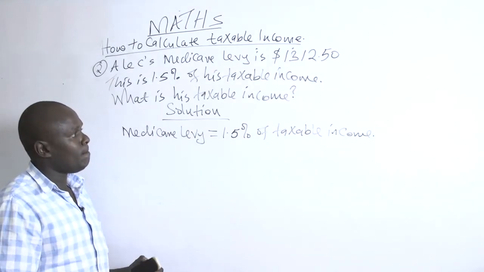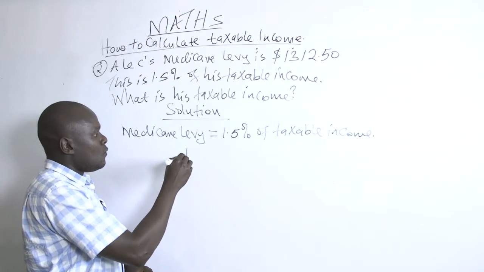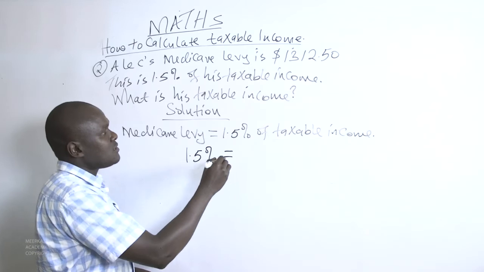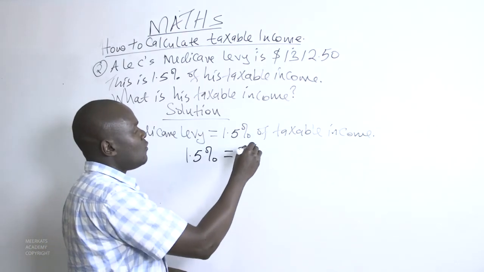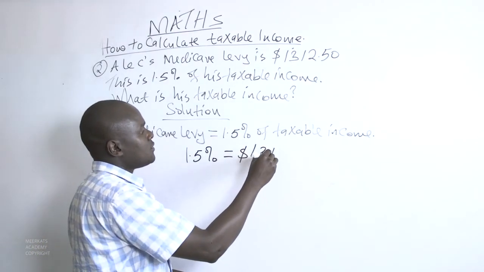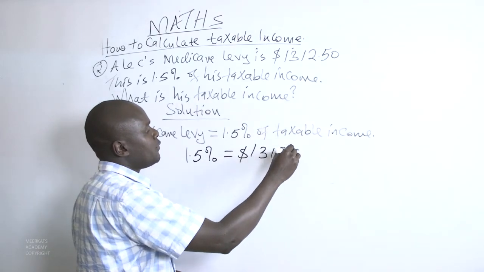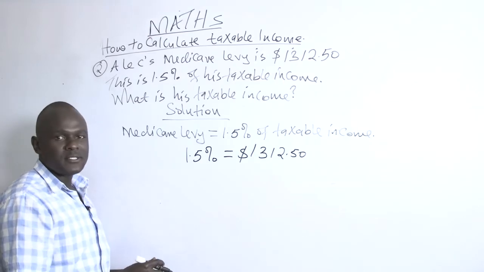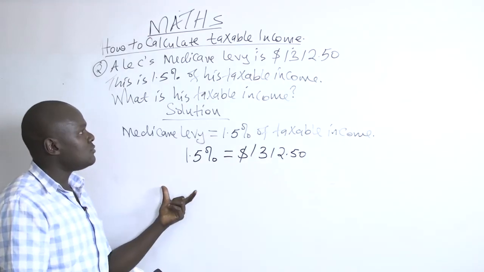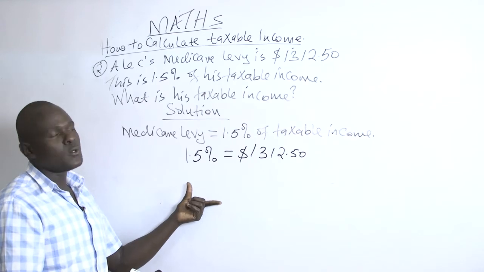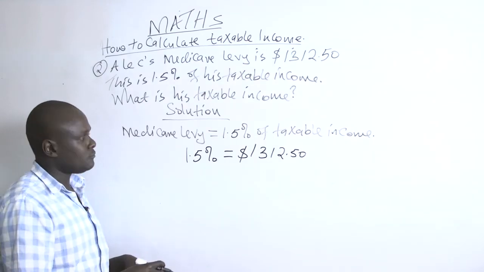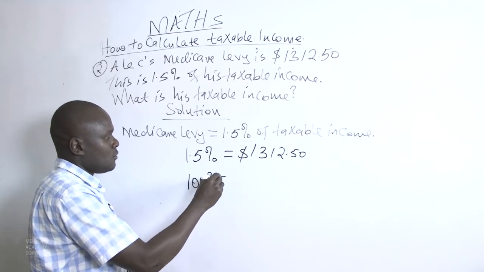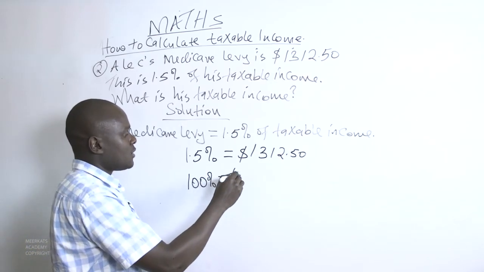So, if 1.5% represents $1,312.50, what about 100% that we presume is equivalent to our taxable income?